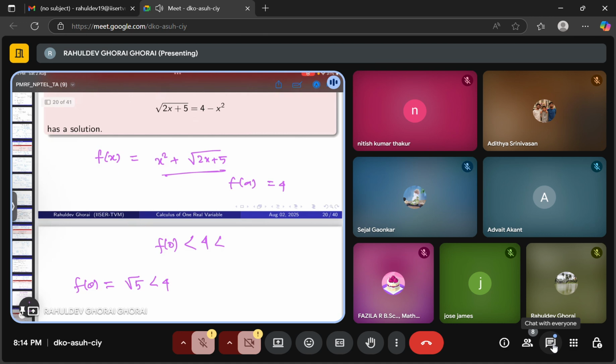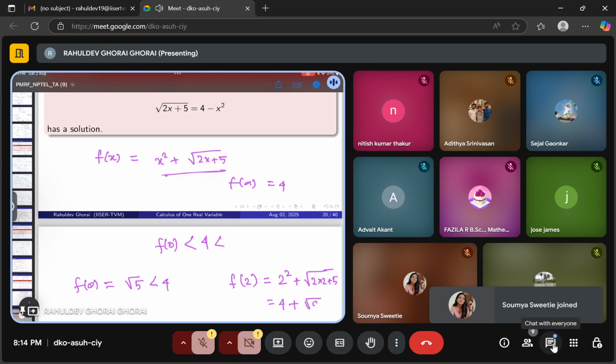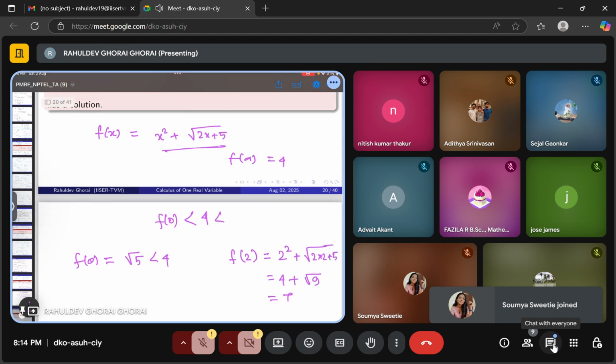You have to find an f value which is greater than 4, let's say f(2). f(2) will be 2 square plus square root of 2 times 2 plus 5, that is 4 plus square root of 9, which is 7.